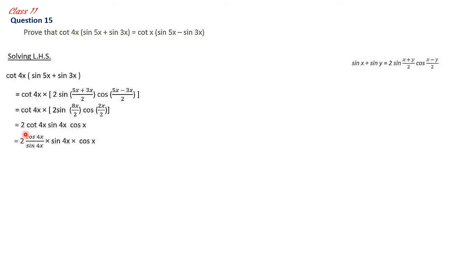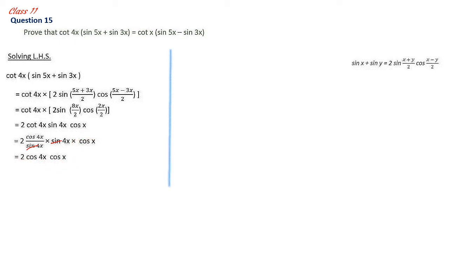Then cot 4x in terms of sin and cos, there is a formula, that is cos 4x by sin 4x, because the cot theta formula is cos by sin. So cos 4x by sin 4x, then there is a sin 4x here, again cos x. Here when you check there is a common term in the numerator and denominator, we can cancel. Then there will be 2 cos 4x and cos x, that is what we have got as the final LHS.